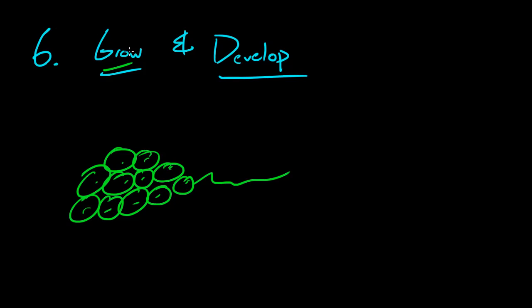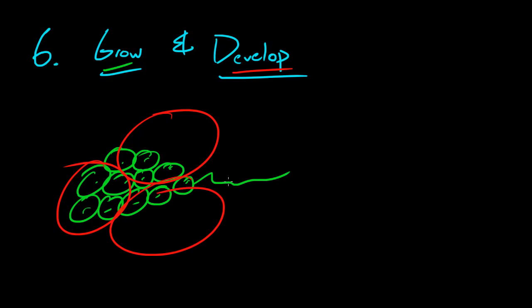But what do I mean by develop? Well, the reason that I separated growth and development is because development, think of it like specialization. This part of a cell group may have turned into your eyes, this may have turned into your brain, this may have turned into maybe your skin cells. As you grew, your cells began to specialize into different parts of your body necessary to become a human being.